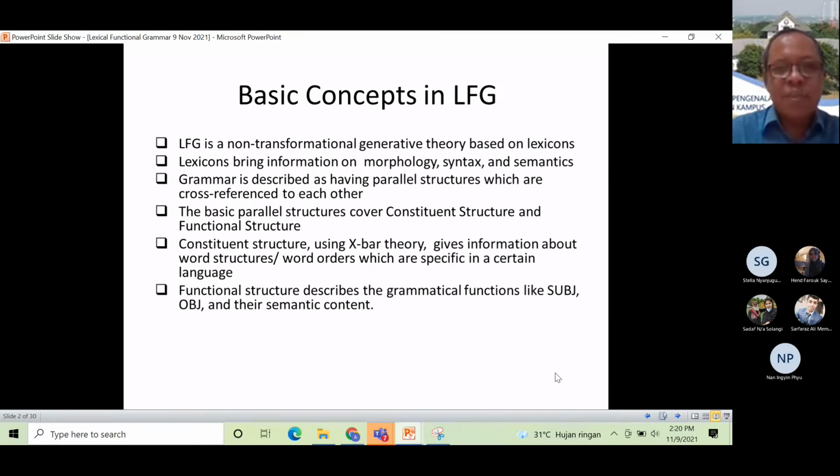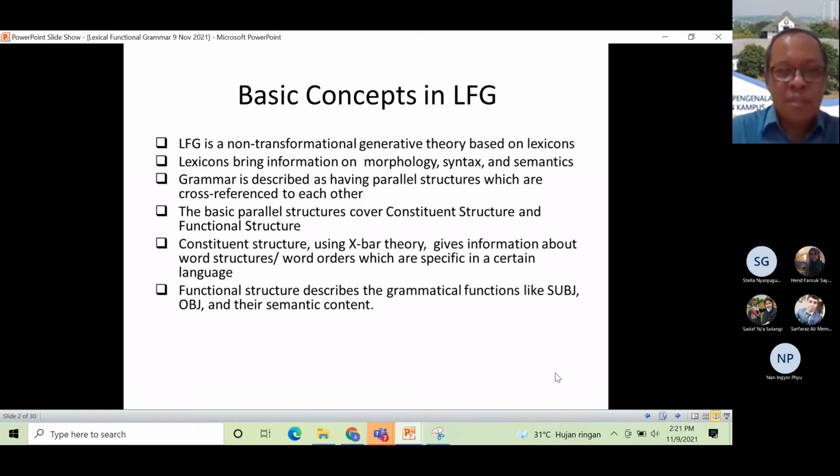In LFG, to show the difference between the constructions, we don't use what we call the transformational process. In transformational grammar, the passive construction, the book was taken by the man, derives from the active one.